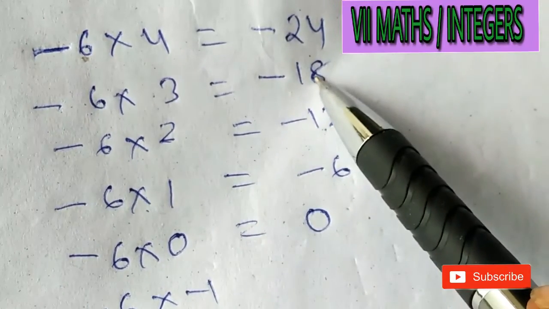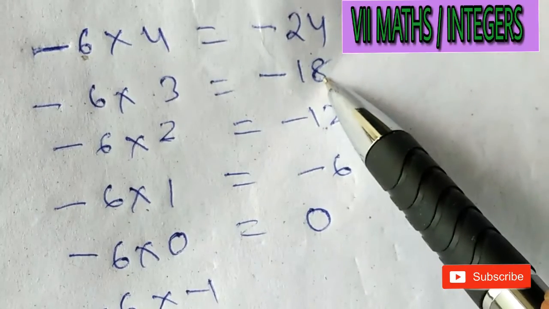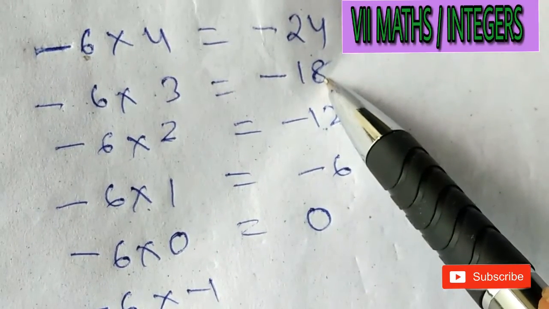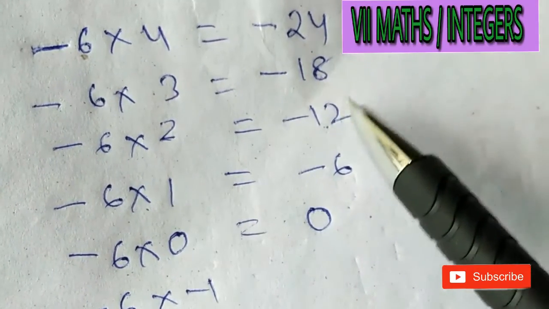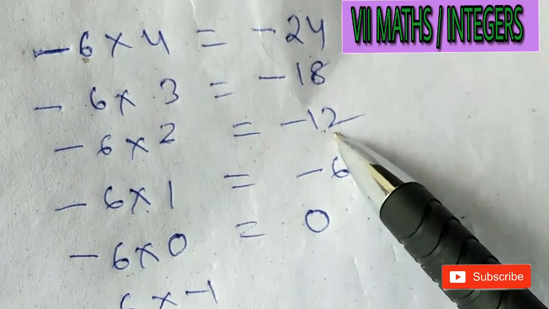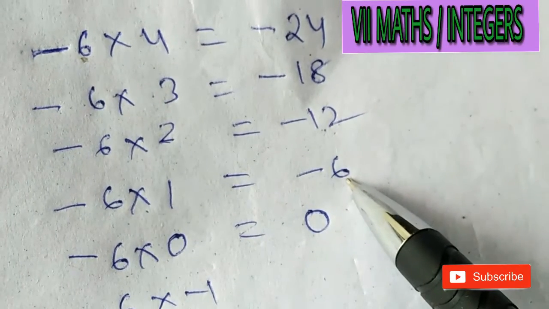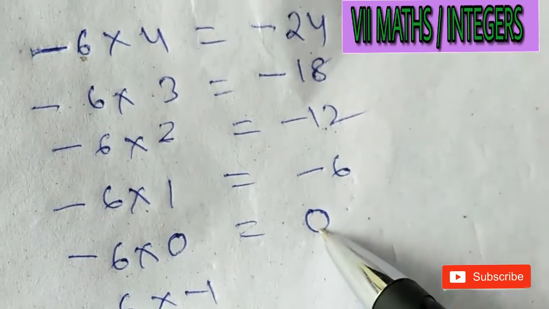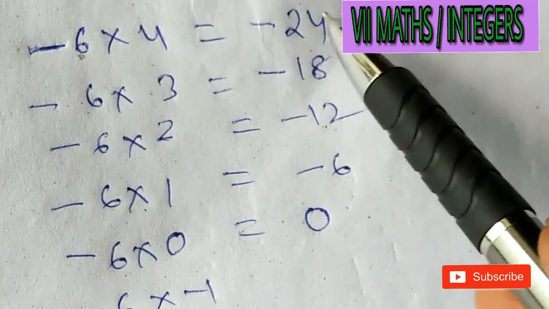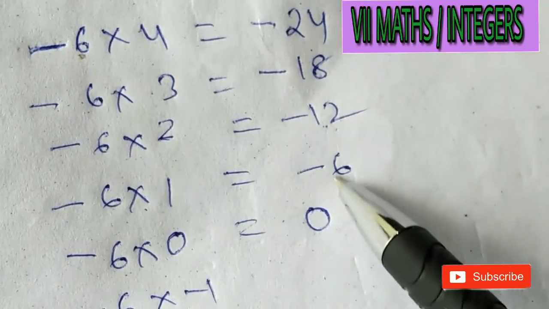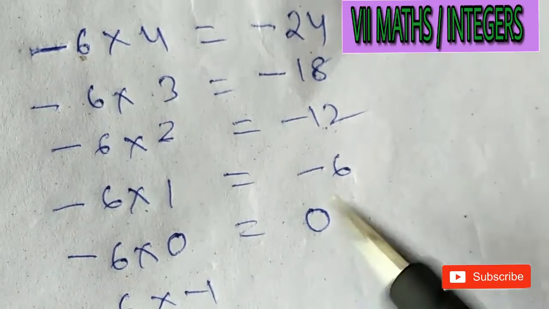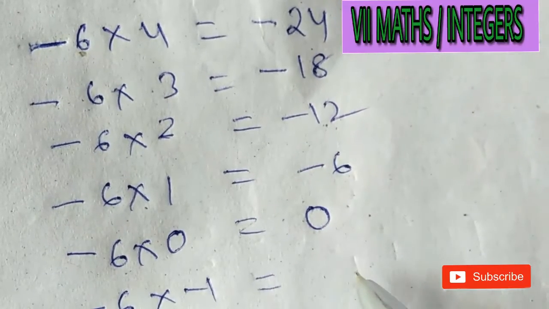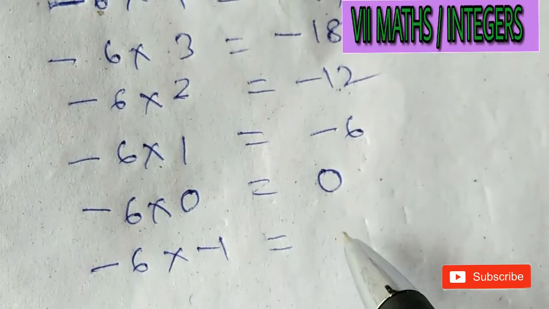Minus 24 is less than minus 18. Minus 18 is less than minus 12. Minus 12 is less than minus 6. Minus 6 is less than 0. What happened here? The value of the number is increased by 6.